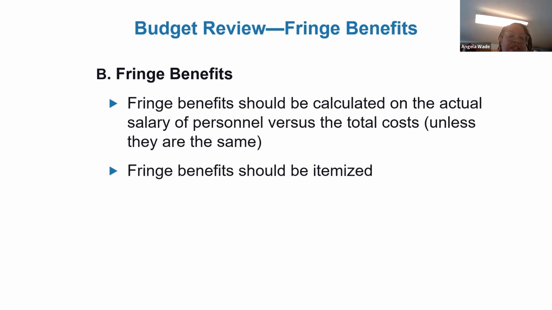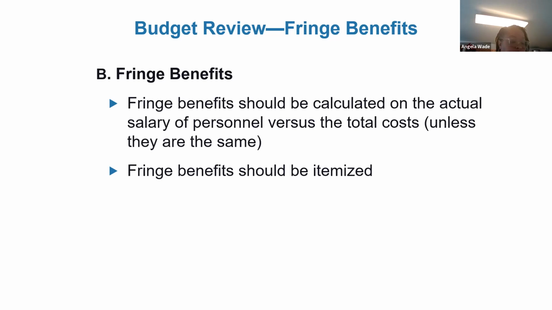When we talk about itemizing your fringe benefits, for example, let's say you're paying a fringe benefit rate of 35%, which is made up of those items I listed before: the health insurance, the workman's comp, retirement, et cetera. You want to list out the amount for each individual item. So if you have a 35% fringe benefit rate, you want to list out how much of that percentage refers to retirement, how much refers to health insurance, how much refers to FICA, for example.